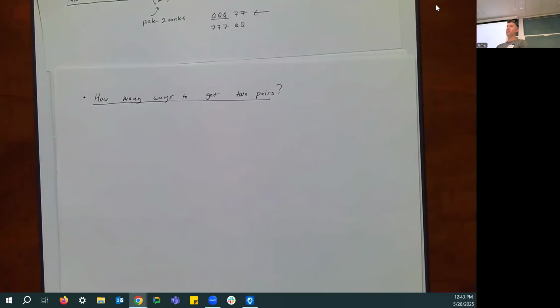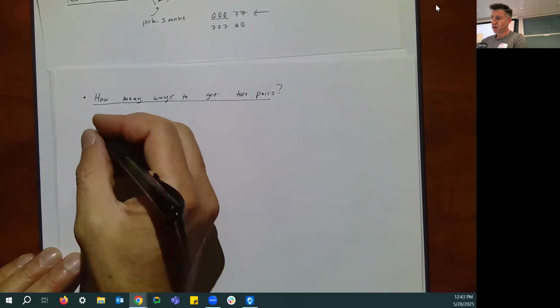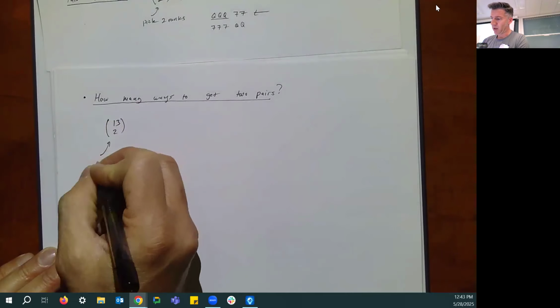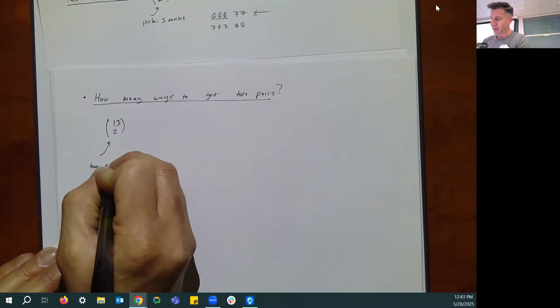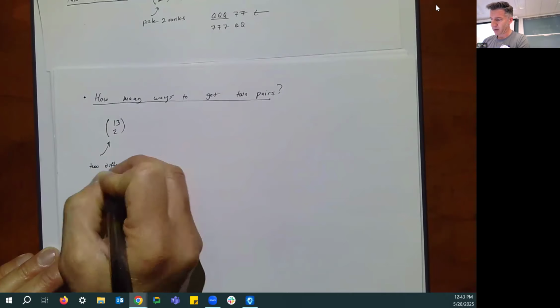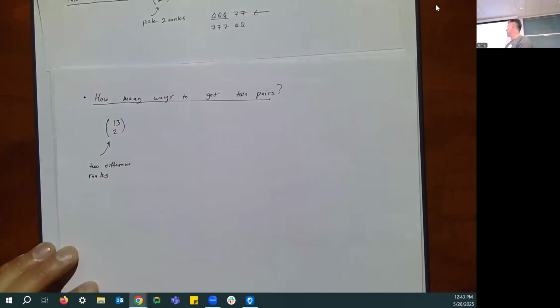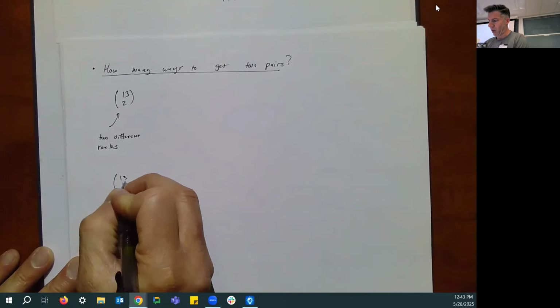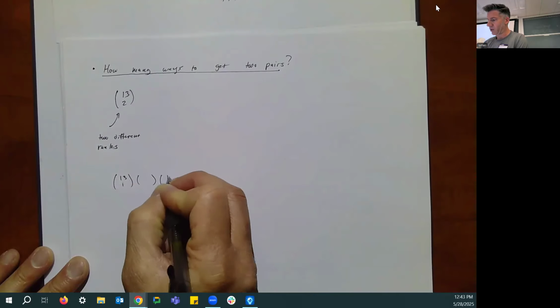I think here we can just say it's going to be 13 choose 2 to pick the 2 different ranks. Oh yeah. So I was kind of thinking the other way of doing this, 13 choose 1 times whatever times 12 choose 1.